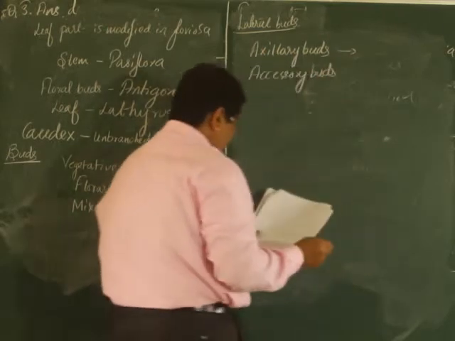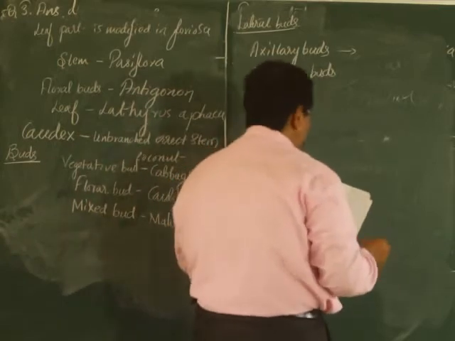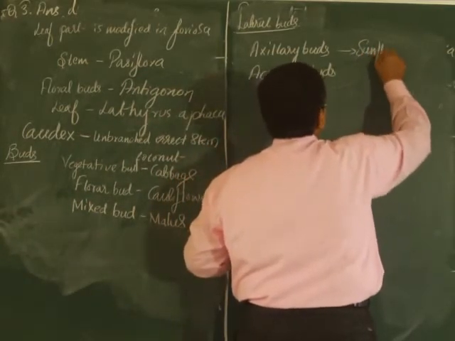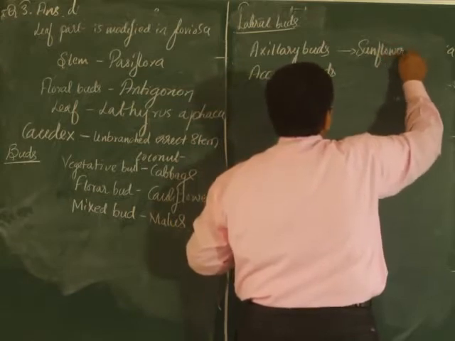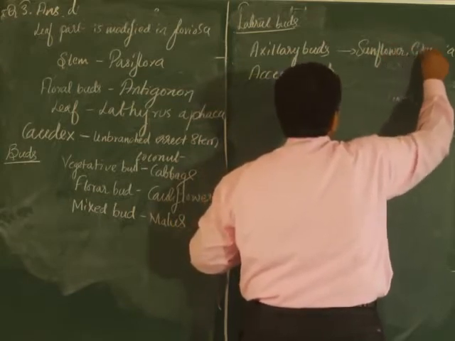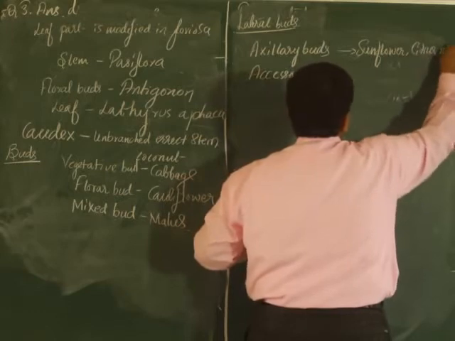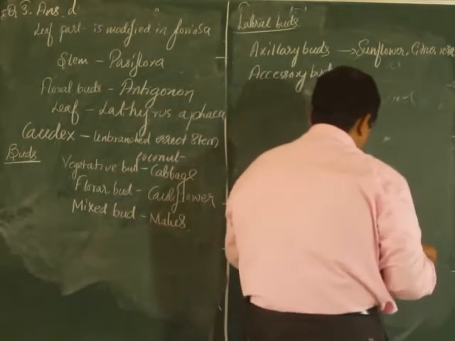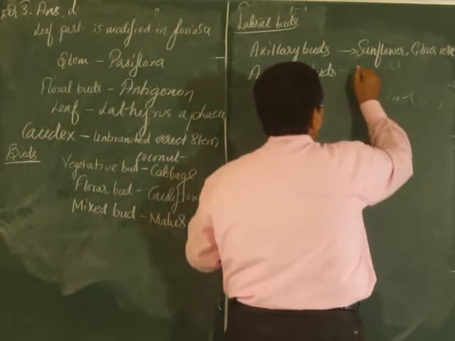Axillary buds in sunflower, citrus and rose. And accessory buds, cucurbita and bougainvillea.